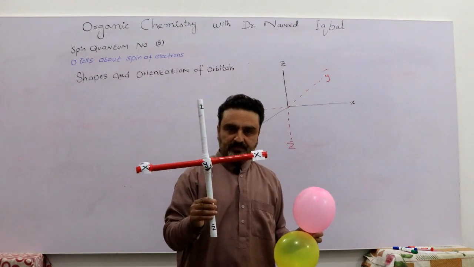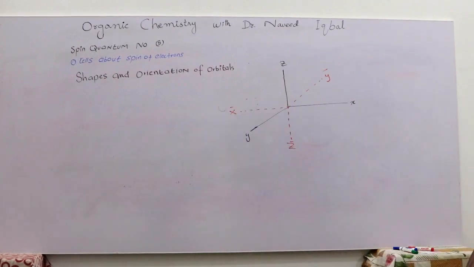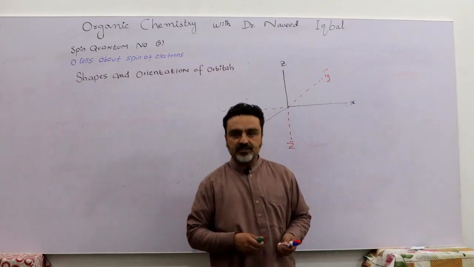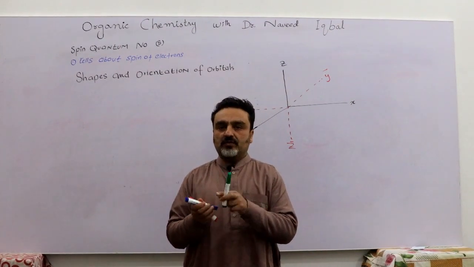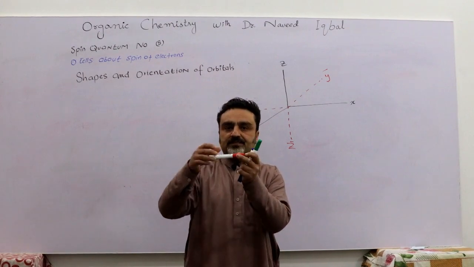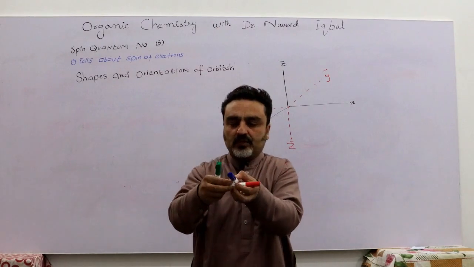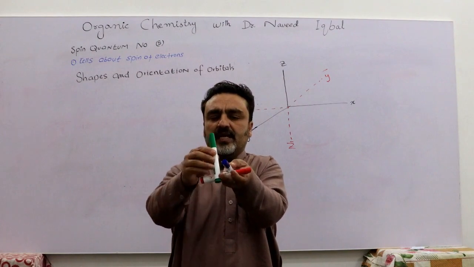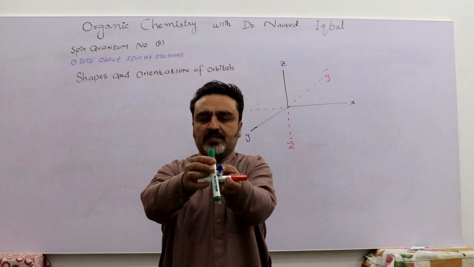You might be getting it. But how are these three orbitals arranged? Because they are not separate from each other, they are in a combined form. So the px orbital is like this, the py orbital is like this one, and this is the pz. So these three orbitals are like this.